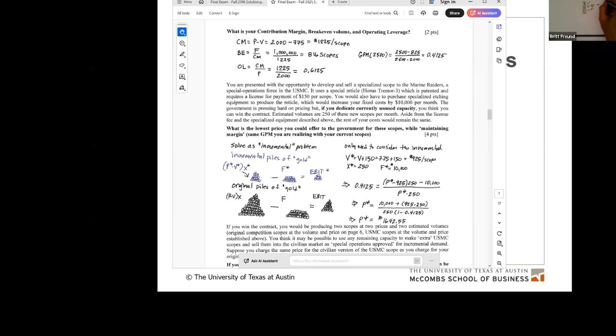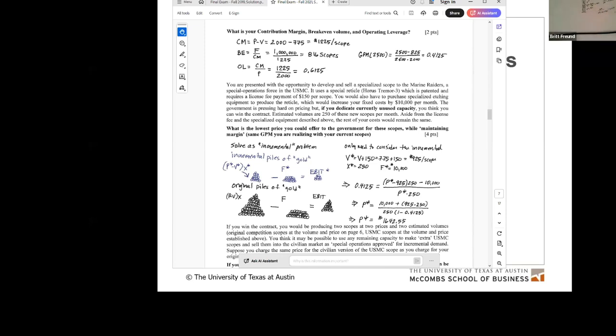And I know I want pi star divided by p star to be equal to 0.4125. And I can substitute in p star. So this is going to be pi star divided by, now I'm just substituting that in for p, pi star plus 400 plus 925 equals 0.4125.